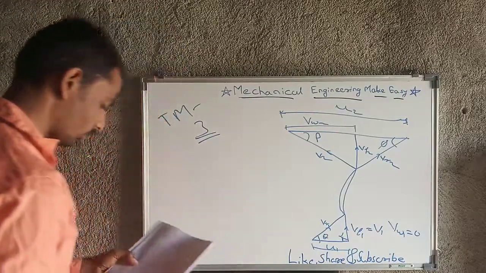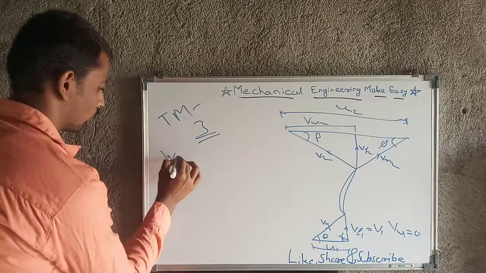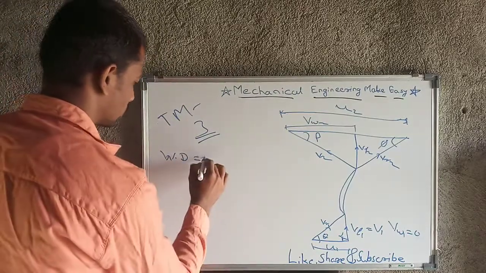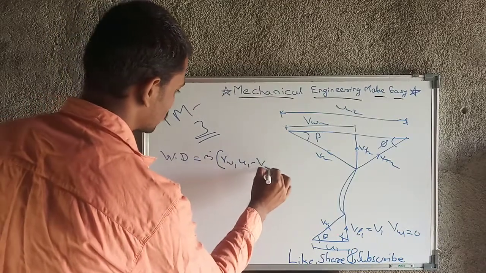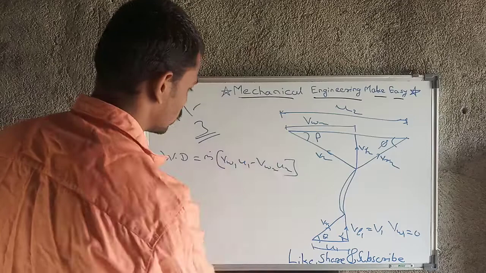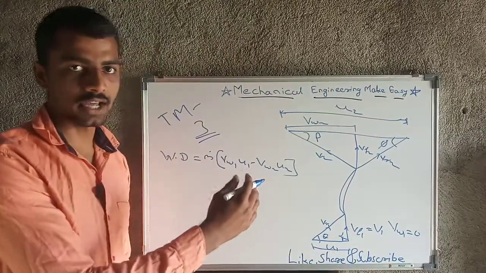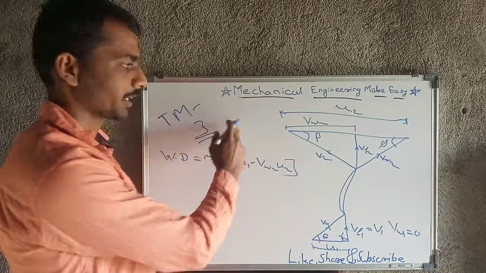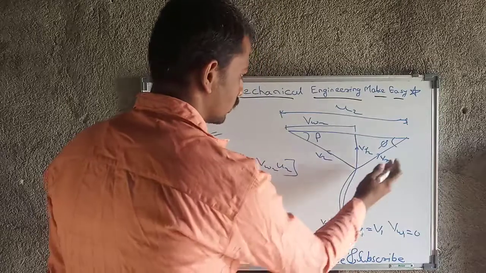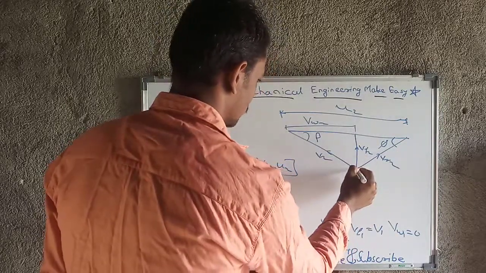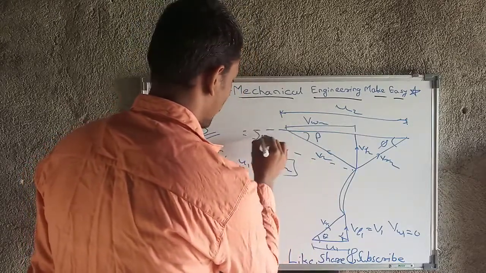So I will move forward. Work done is equal to m dot into (Vw1 U1 minus Vw2 U2). And why is the minus sign here? In the previous lecture I was talking about the reaction turbine. In that case, this relative component of velocity was at this place, and phi was here.